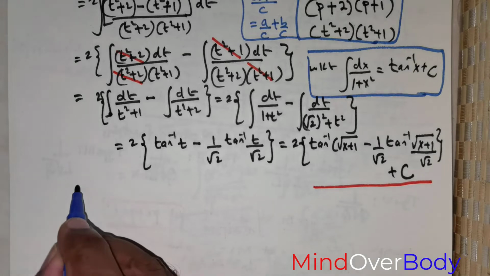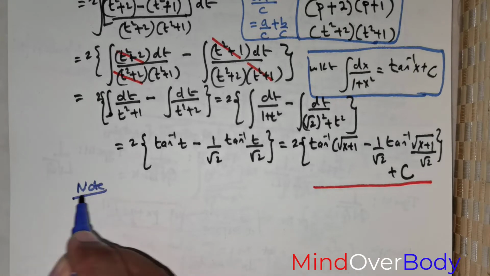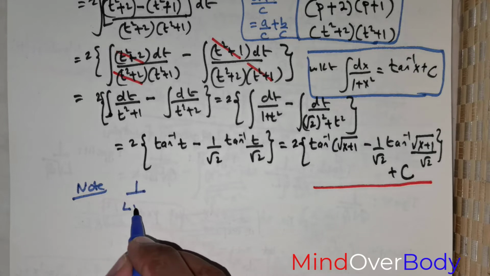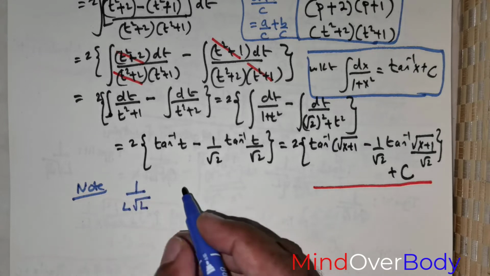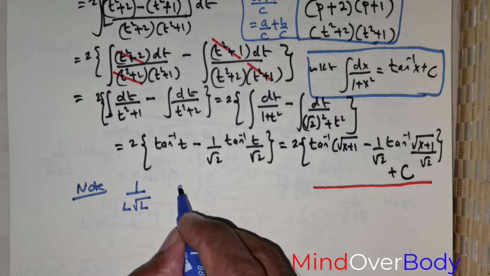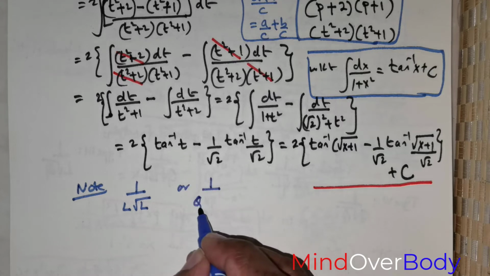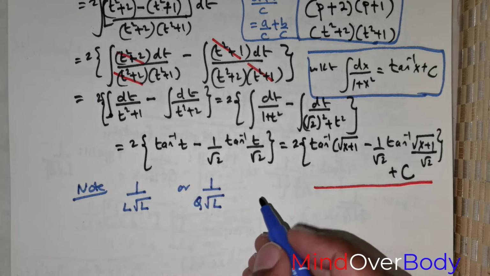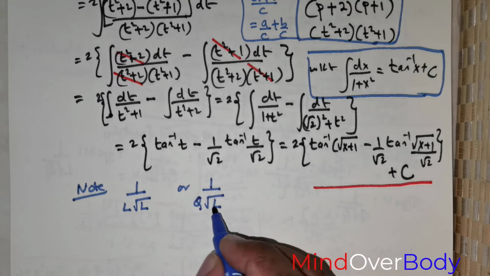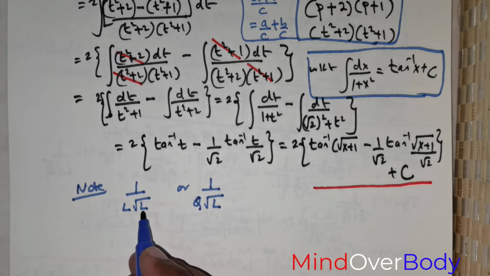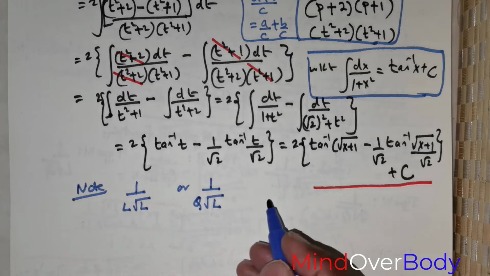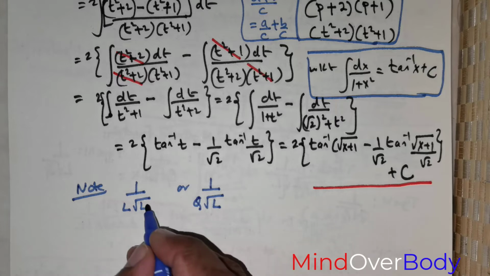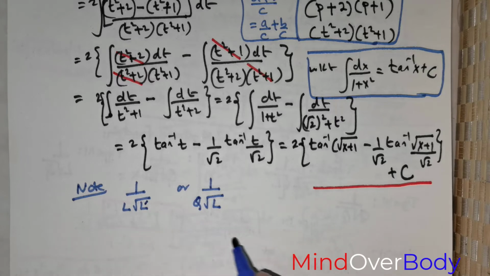Students, it's time to write the note. If you are given a type of this fashion, 1 over linear times root of a linear quantity, or 1 over q times root of a linear quantity, if one of these are given, then you will have to take or make this quantity which you see here to be as, say for example, let me write it as L prime.